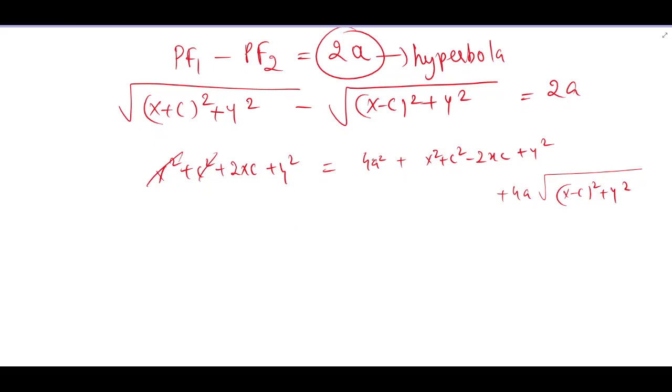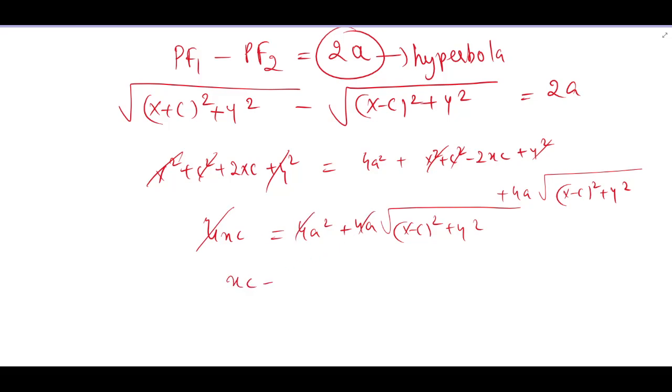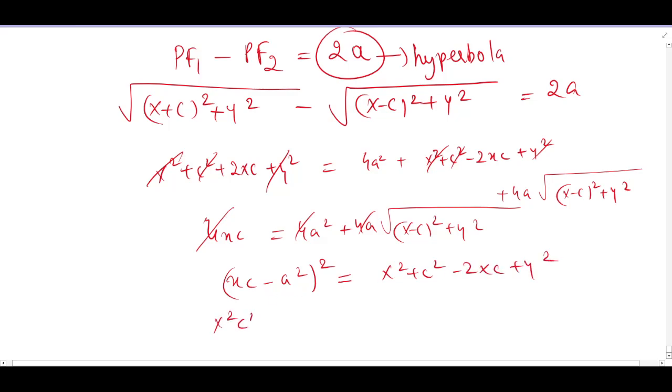So we get x square cancel, and 4xc is equal to 4a square plus 4a root of x minus c whole square plus y square. So cancel out 4 and take xc minus a square on the left side, and take a square, x square plus c square minus 2xc plus y square. So x square c square plus a4 minus 2a square xc is equal to x square plus c square minus 2xc plus y square.